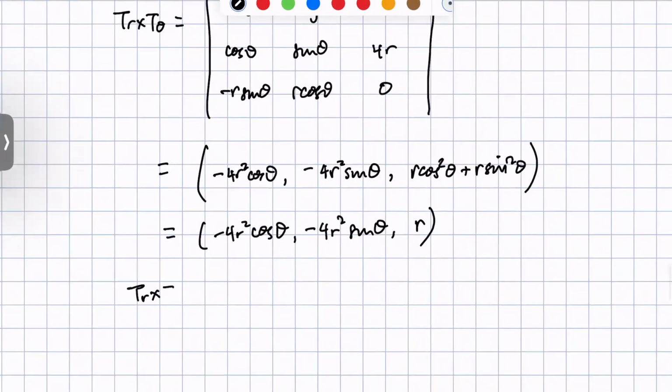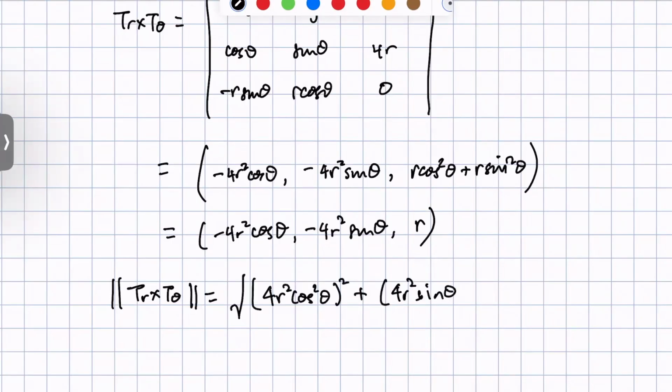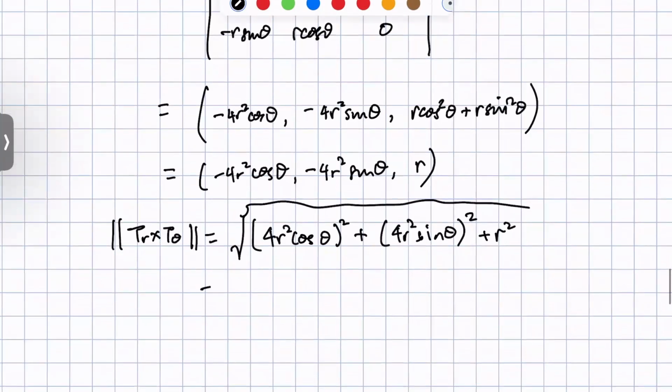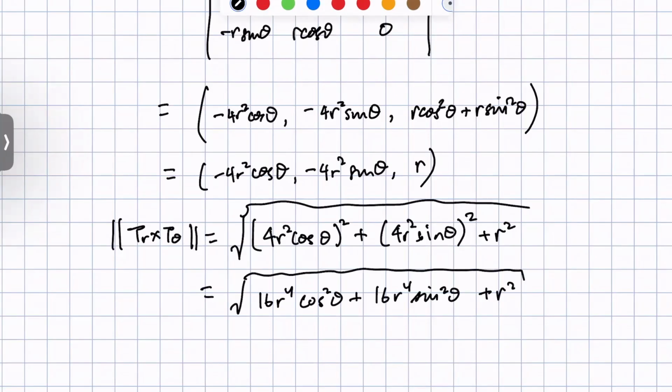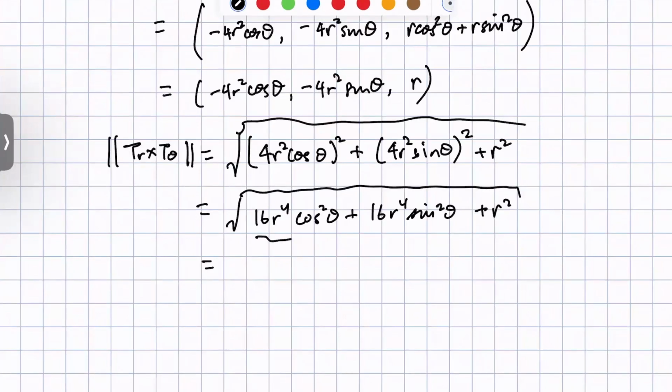So let's compute the norm of Tr cross T theta. I have the square root of 4r squared cosine theta, squared, plus 4r squared sine theta, squared, plus r squared. This is 16r to the fourth cosine squared theta plus 16r to the fourth sine squared theta plus r squared. Now I can factor out a 16r to the fourth.